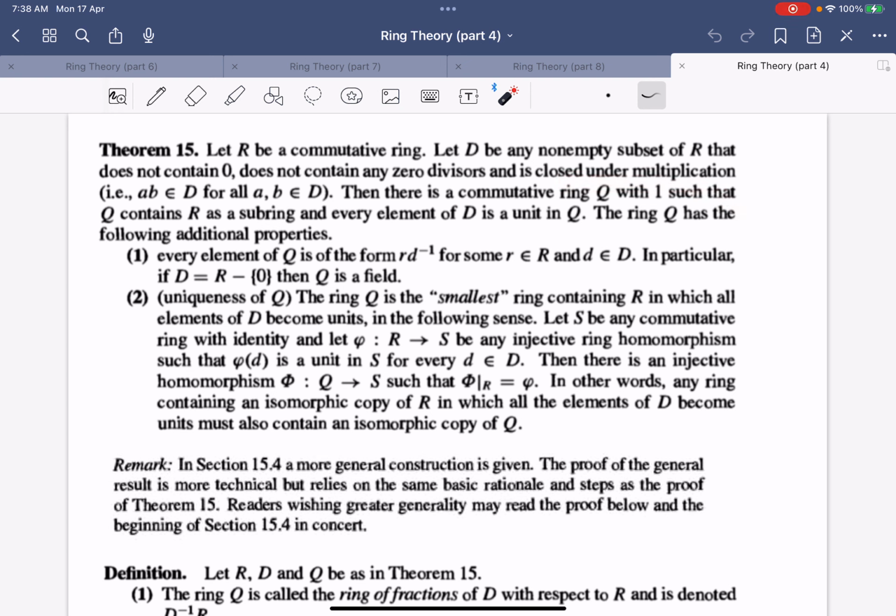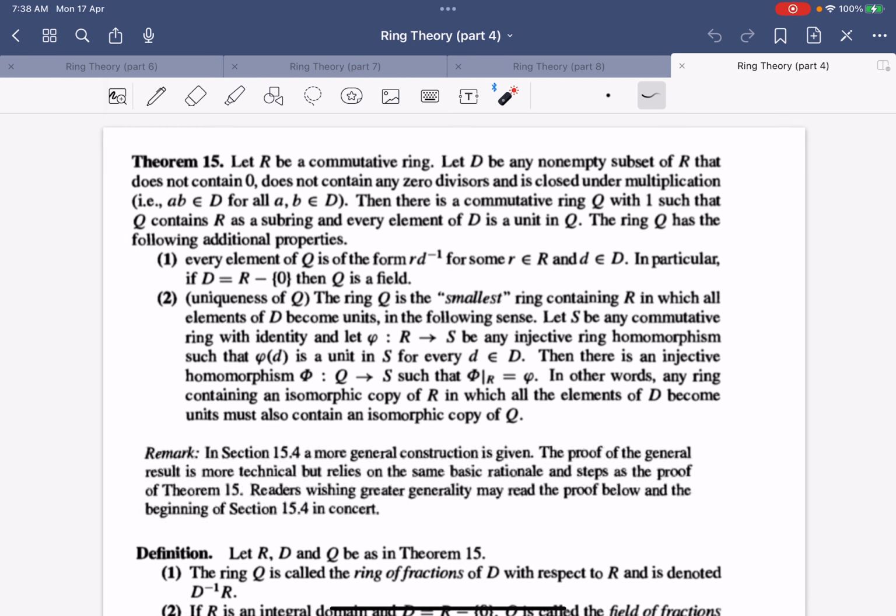So D is like your set of denominators that you want. In these denominators, we impose the condition that it does not contain any zero divisors. But you can see R has no conditions in this case, since we already impose conditions on the denominators. And so R can be just any commutative ring.